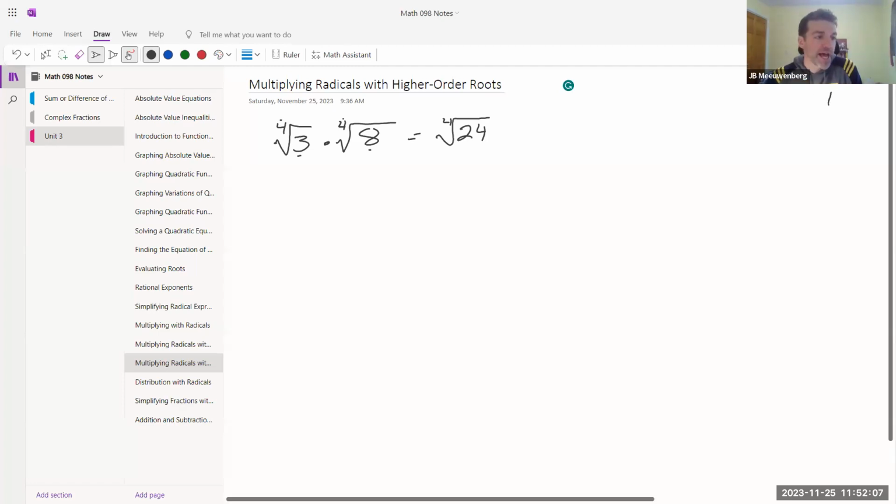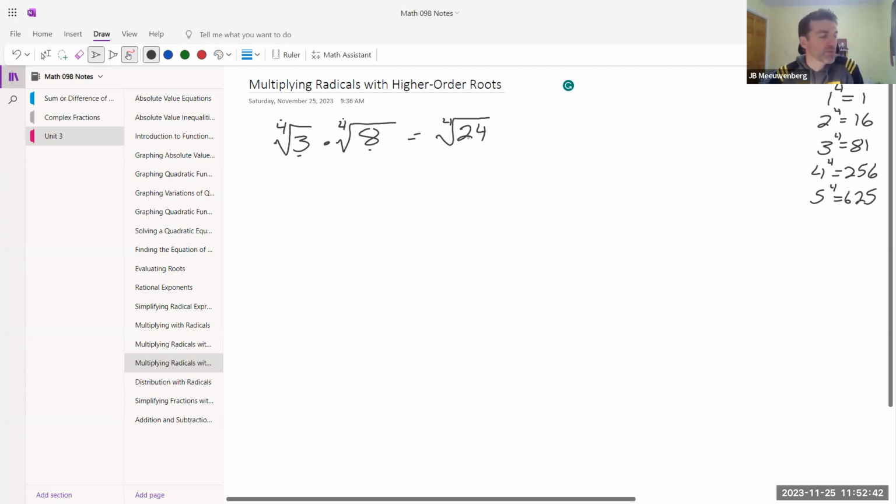So off to the side, I suggest when you do your test, you make a list to start of numbers to the fourth power. 2 to the fourth is 16. 3 to the fourth is 81. 4 to the fourth is 256. 5 to the fourth is 625. These would be the possible numbers you would run into, okay?